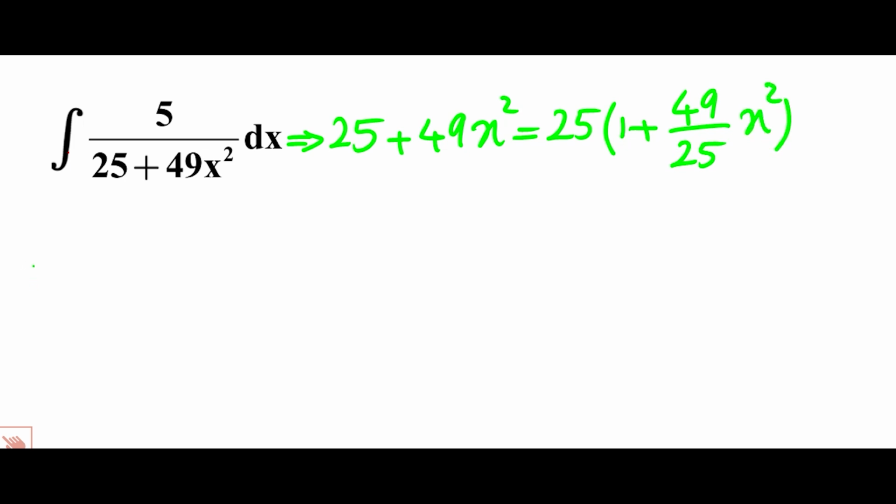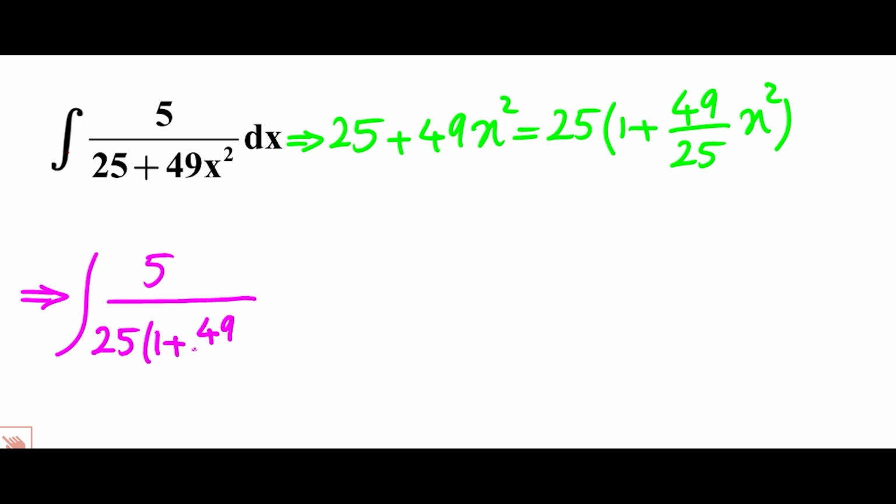So the integral becomes the integral of 5 over 25 times 1 plus 49 over 25 x squared dx, right?